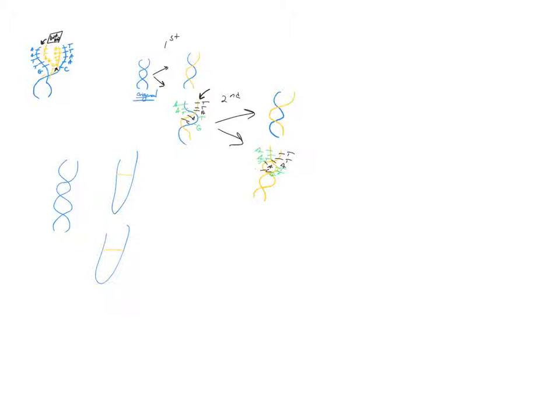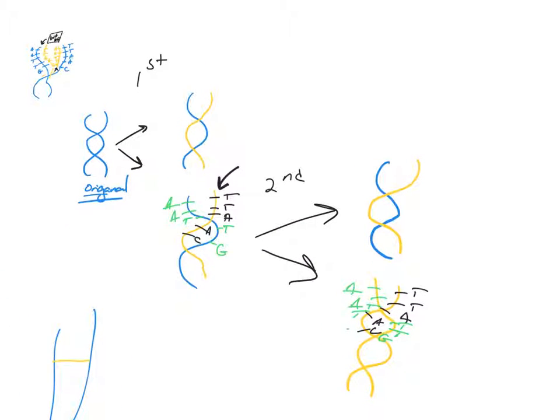What is correct is that we know via the experiment that I explained earlier that when we put this original in a test tube with new nucleotides that are radioactive, what we get is one nucleotide that's not radioactive and another nucleotide that is radioactive in both the new copies.